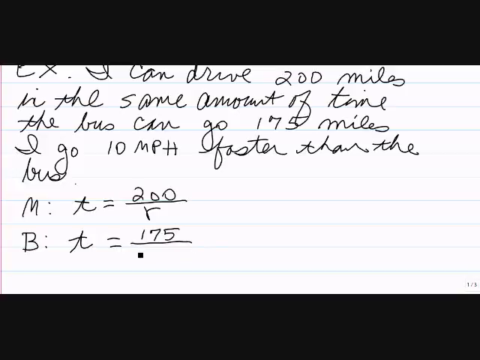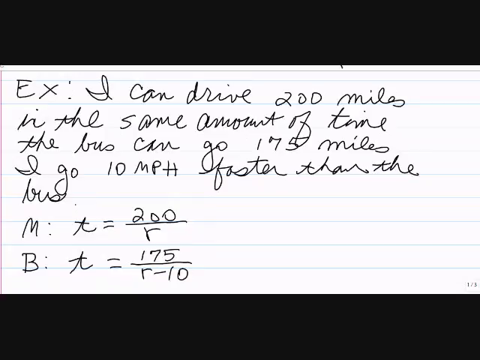Their rate is not the same as mine. I go 10 miles an hour faster. So I'll call their rate my rate minus 10 miles per hour. Or you can add the 10 to mine and base things on the bus's rate. Doesn't matter. Okay, our times are the same.